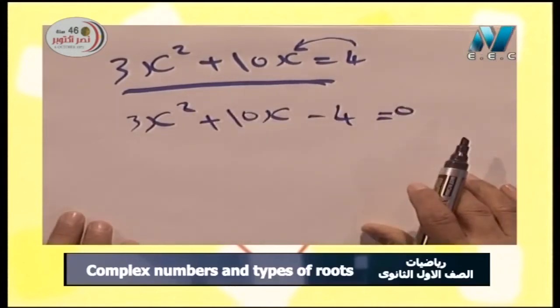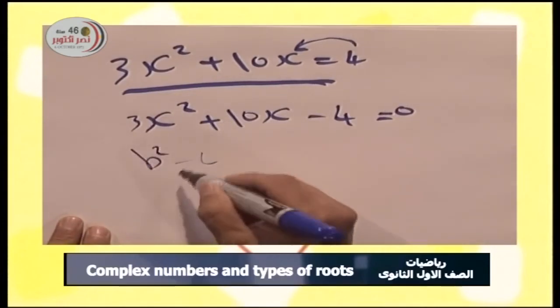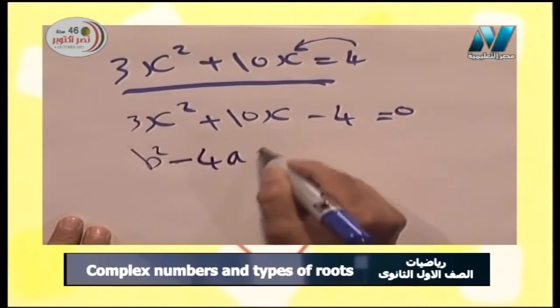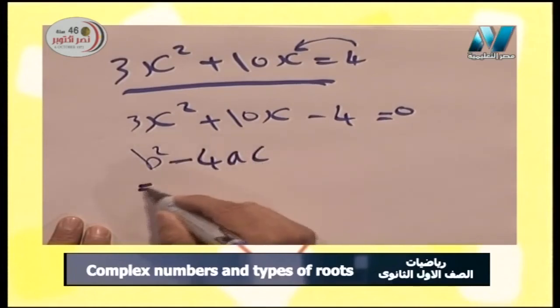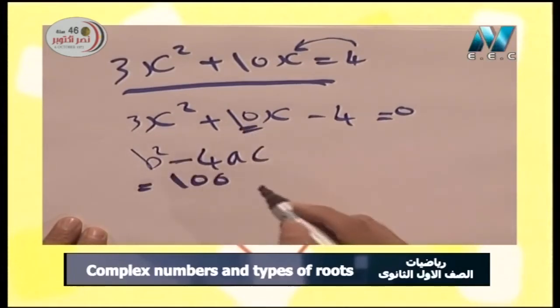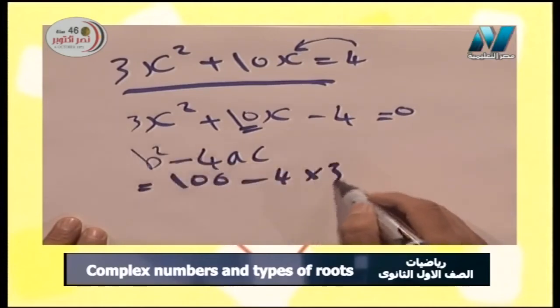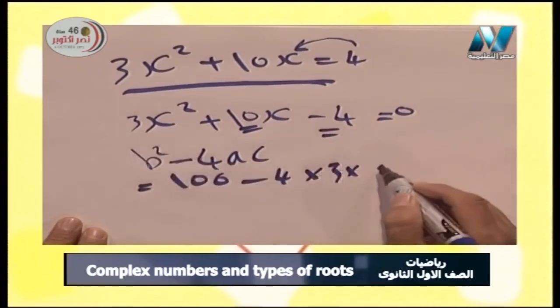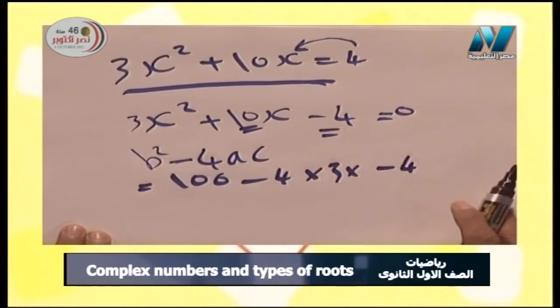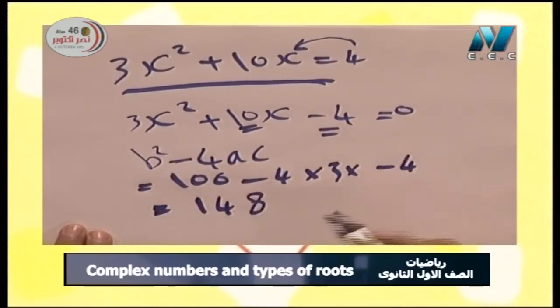And let's calculate the discriminant, which is b² - 4ac, which equals 100 minus 4 multiplied by a, which is 3, multiplied by c, which is negative 4, and the answer will be 148.